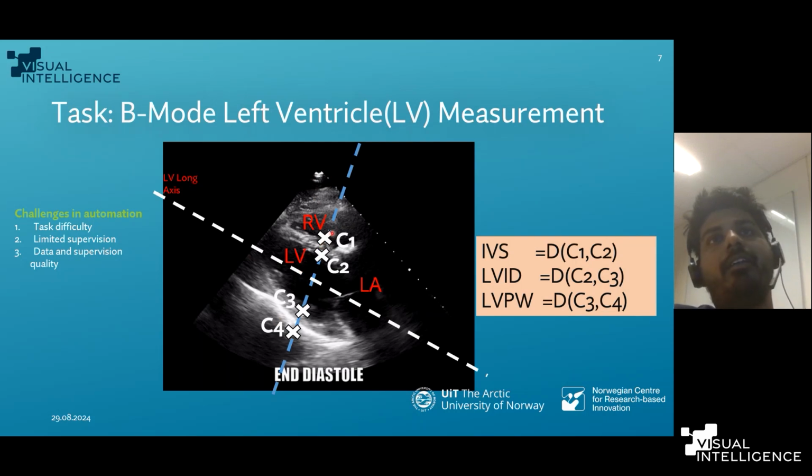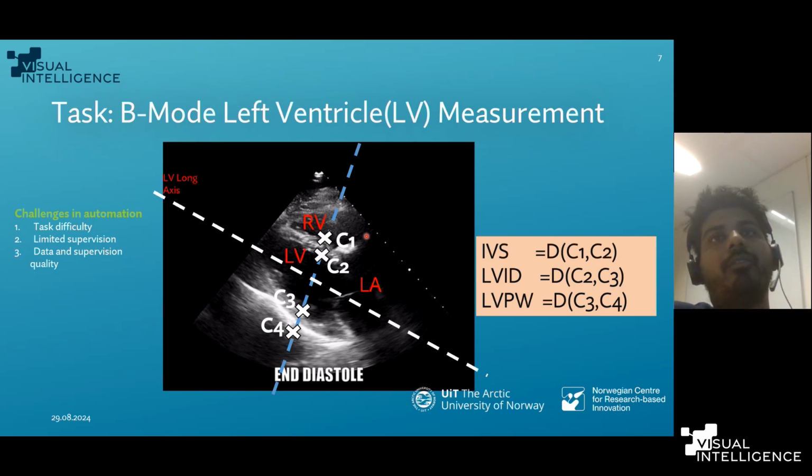The goal is to identify 4 or 6 coordinates in a straight line, and based on these coordinates we determine some lengths. We perform length measurements called IVS, intraventricular septum, left ventricle internal dimension, and left ventricle posterior wall. Based on these measurements from the obtained landmarks, we perform further secondary diagnosis.